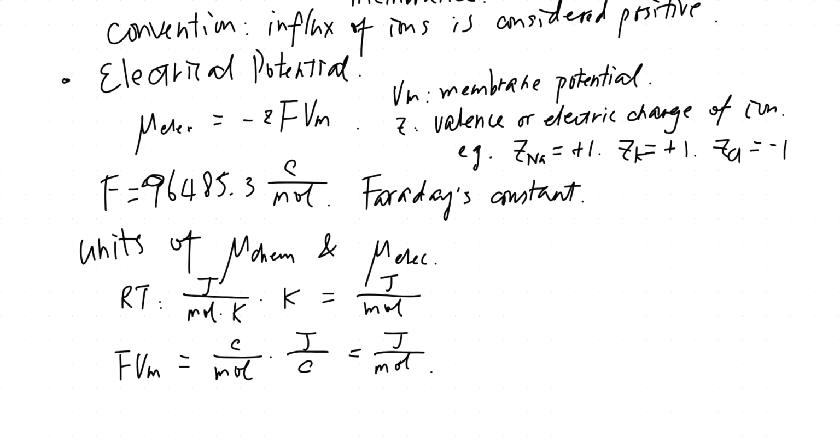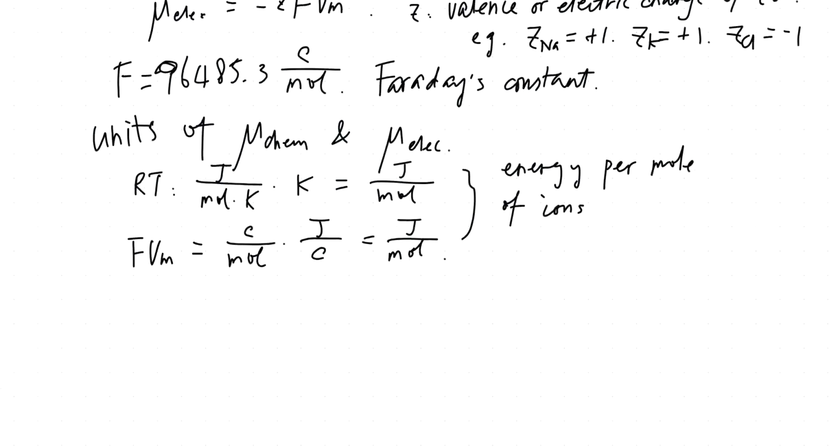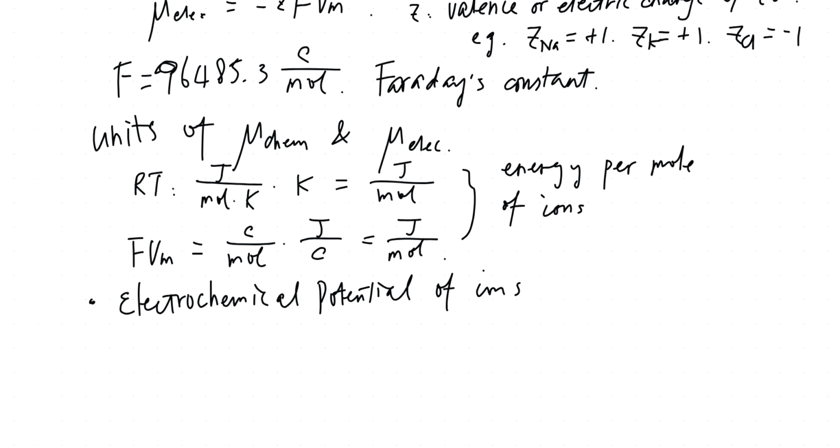So now we need to consider the combination, which we call the electrochemical potential, the sum of these two.